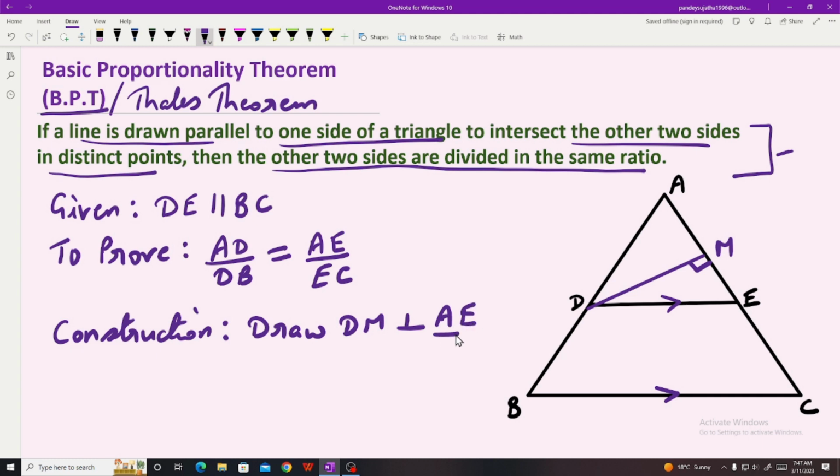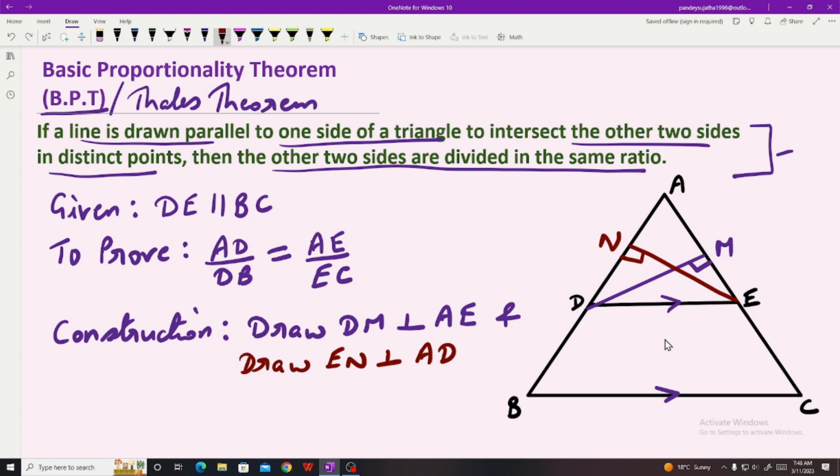Here you can write either AE or AC. And draw EN perpendicular to AD. So in place of AD, you can write AB as well.